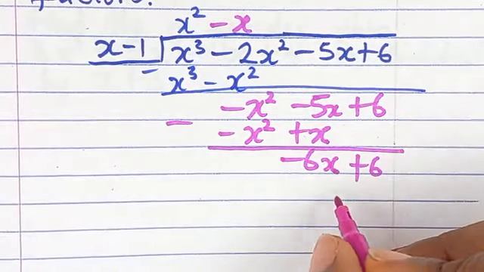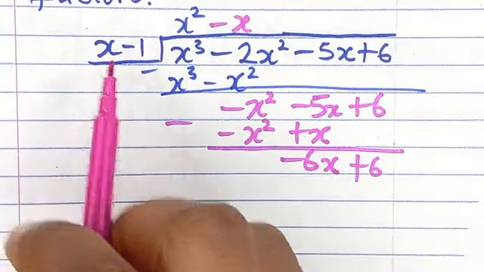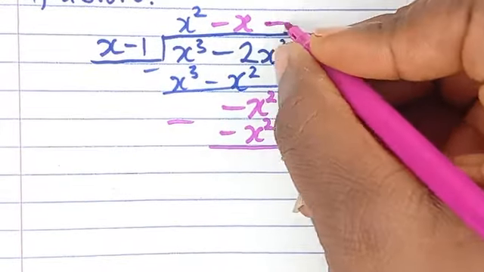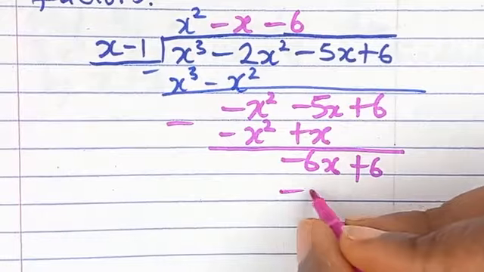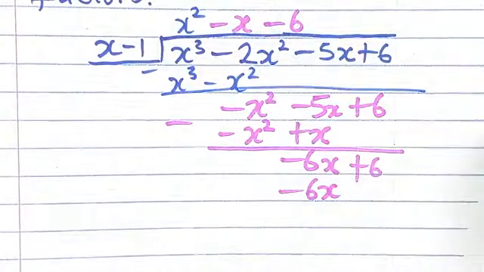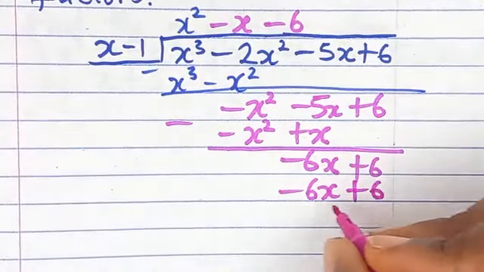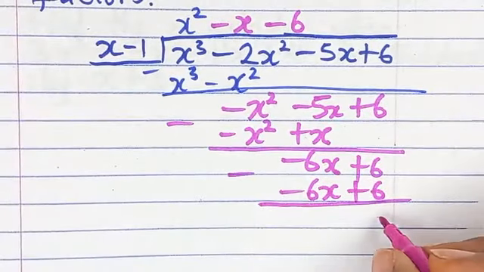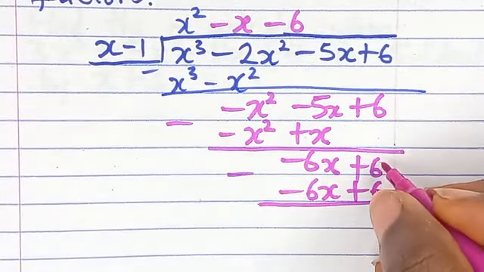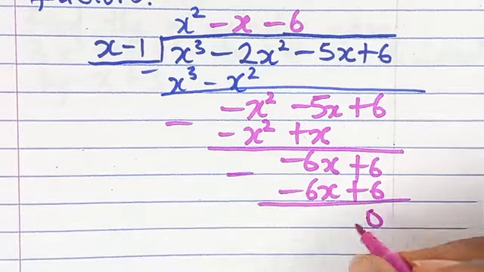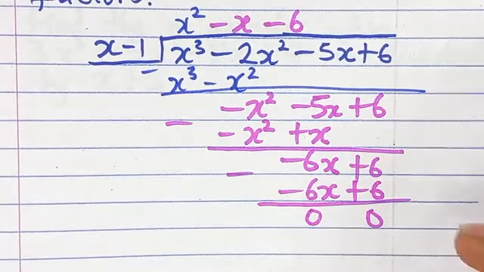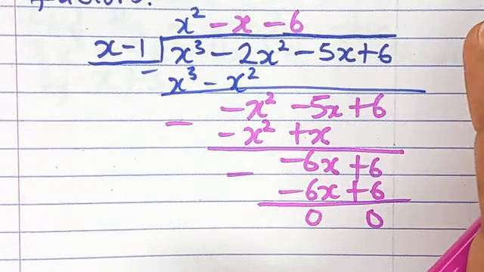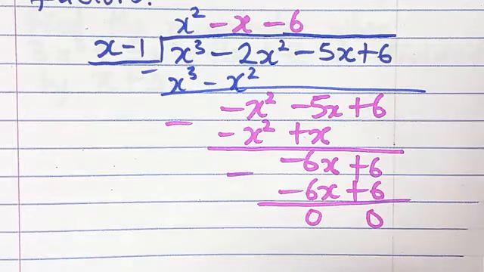So we divide into this. We have x divided into minus 6x is minus 6. Minus 6 times x is minus 6x. Minus 6 times minus 1 is plus 6. When we subtract, we are going to have plus 6 minus plus 6 is 0. Minus 6 minus itself is 0. So here we don't have any remainder.